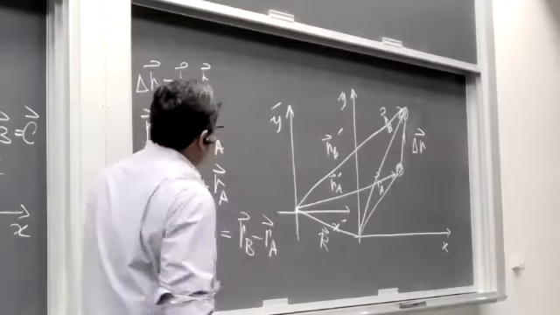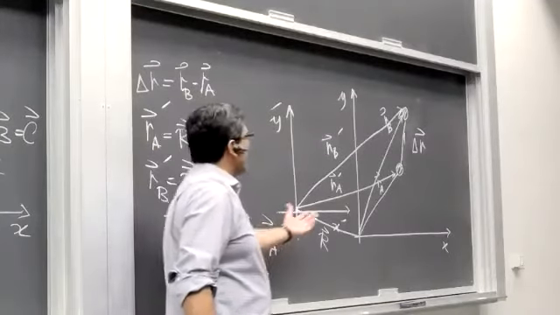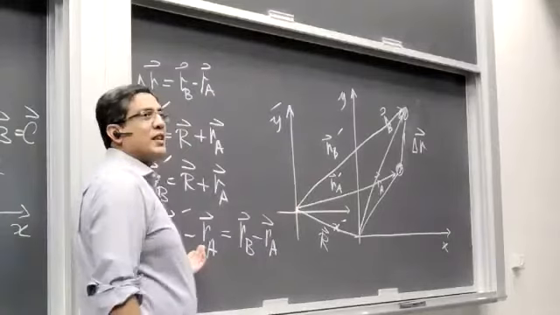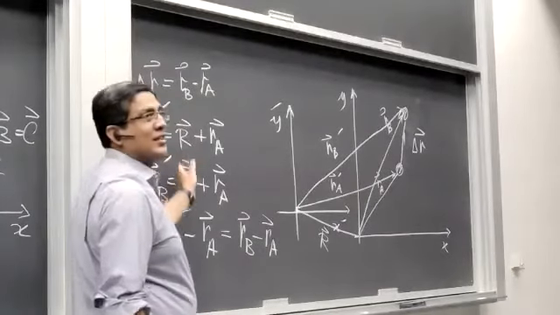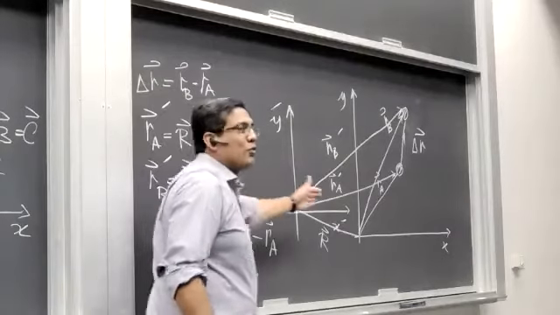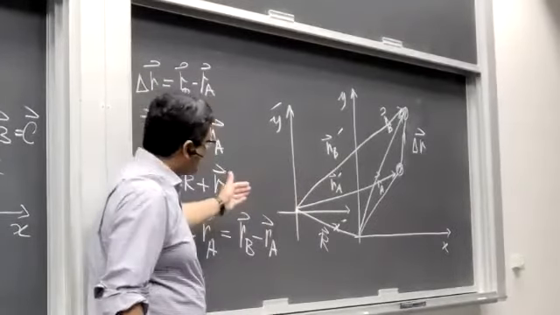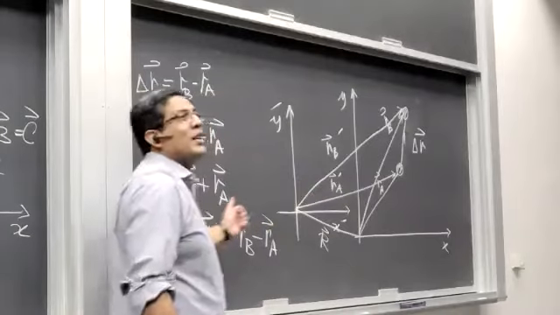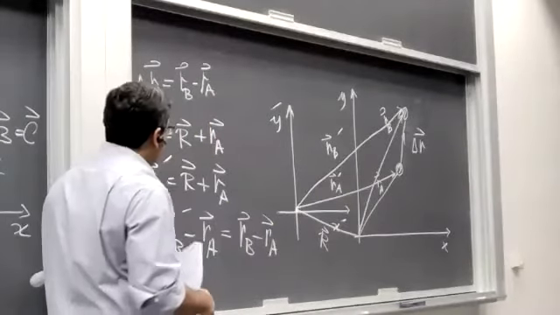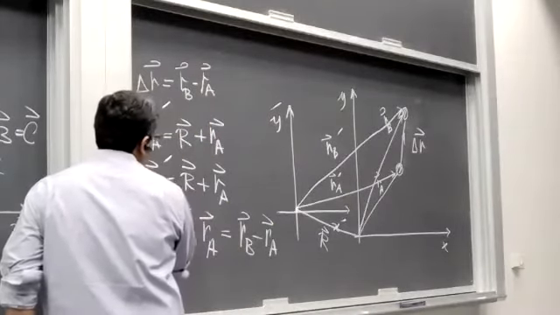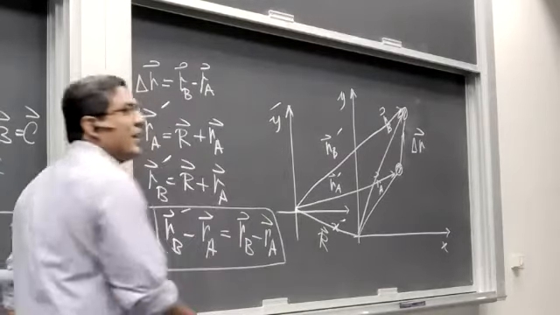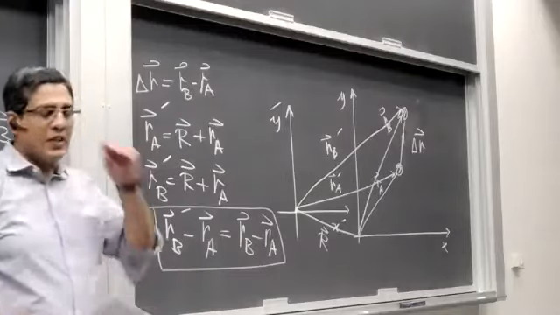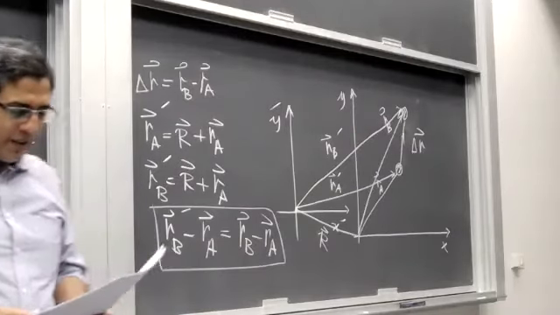So the change in the position vector in one frame is equal to the change in position vector in another frame, because the R cancels. The vector between the two coordinate systems cancels, right? And that is why the displacement vector remains the same irrespective of which coordinate system you are measuring it in.